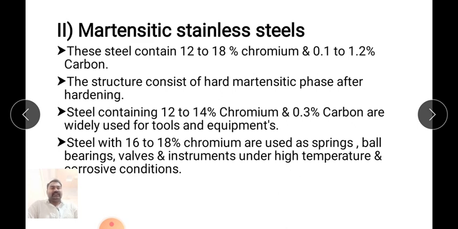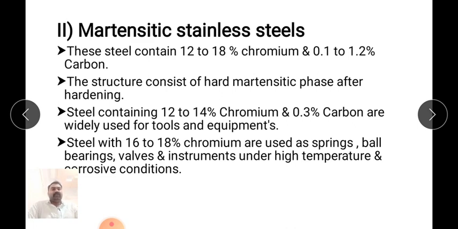The steel containing 12 to 14% chromium, 0.3% carbon is widely used for tools and equipment. Means this combination is used widely for tools and equipment. Then steel with 16 to 18% chromium is used for springs, ball bearings, valves, and instruments under high pressure and high temperature and corrosion resistance.